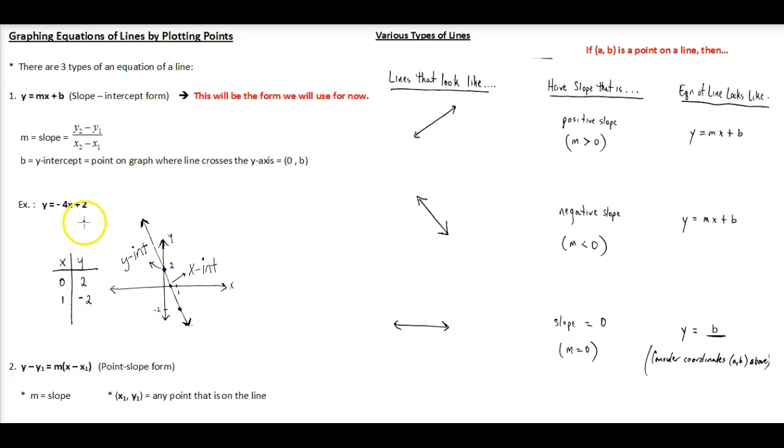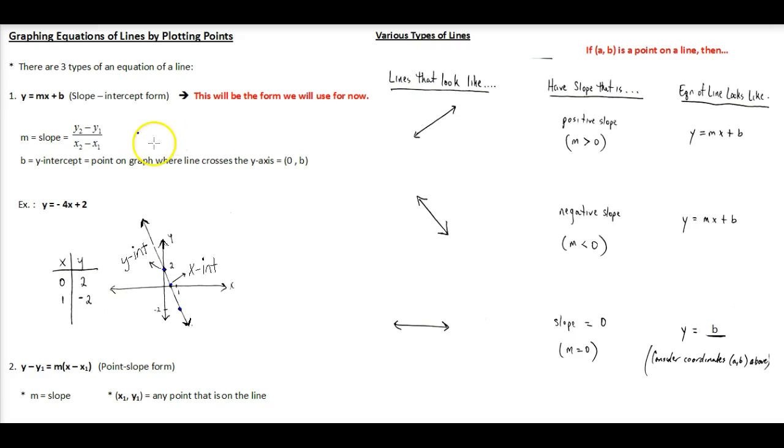Now, if we wanted to find the x-intercept, what we would do is let y equal 0, because as you see here, the x-intercept is a point that is on the x-axis, and every point that is on the x-axis has a y-coordinate of 0.